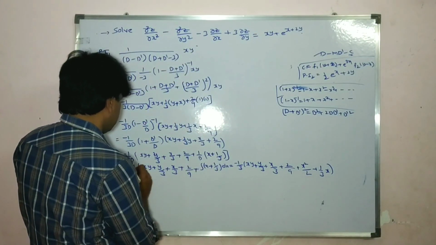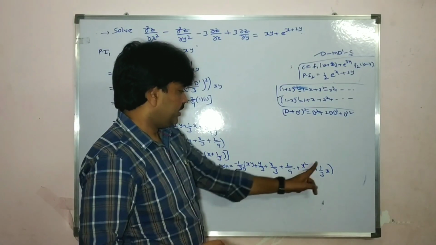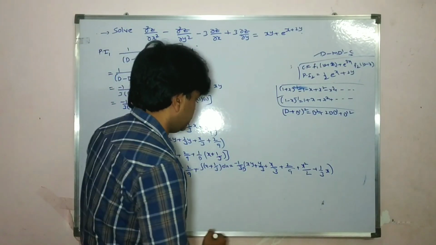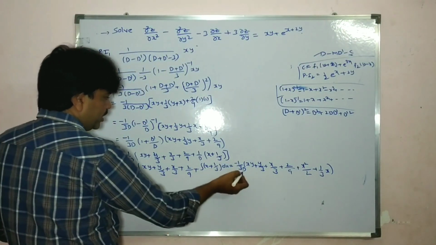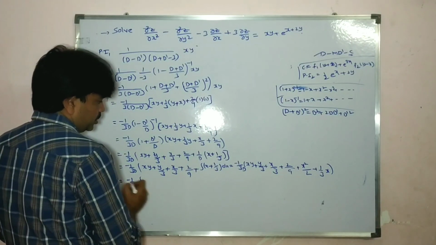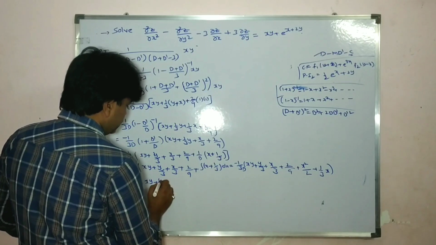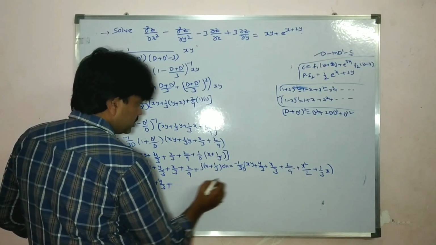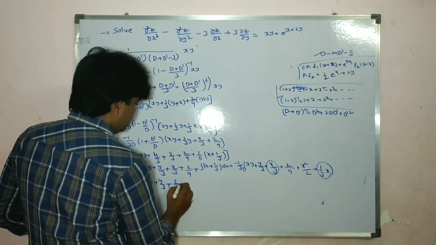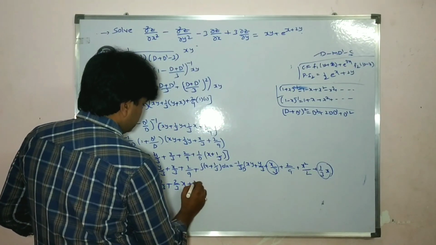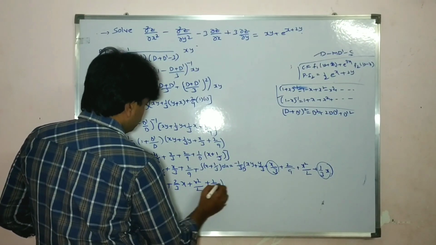We have D, students. See students here, x by 3, 2 by 3 x, students. So that is equal to minus 1 by 3, 1 by D means integration, xy plus y by 3 plus x by 3, students. You get here 2 by 3 x plus x square by 2 plus 2 by 9 into dx.